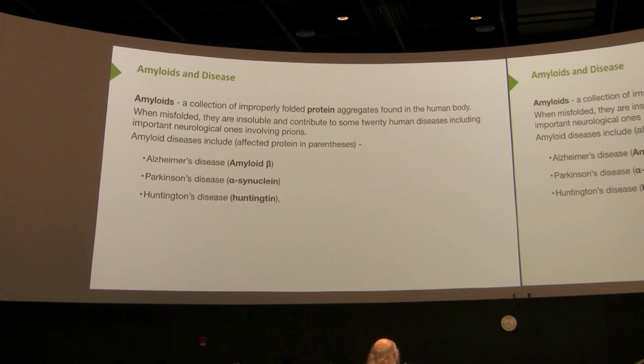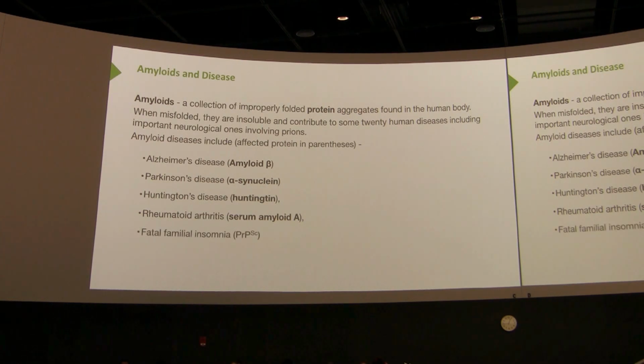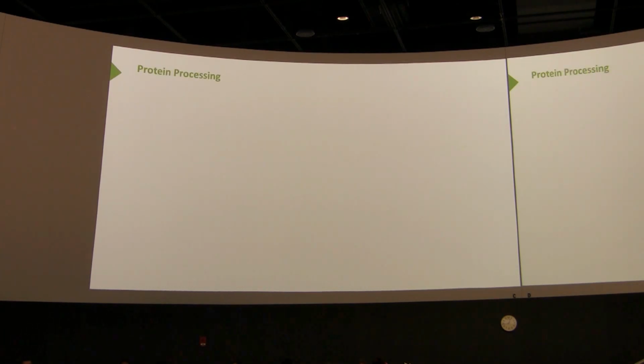And I've labeled in each case the problem protein involved in the amyloid structure. Rheumatoid arthritis, fatal familial insomnia. And to be honest, I don't know that one very well. Okay? I have insomnia, but I don't think it's that. I shouldn't joke. Okay. Protein processing. Folding's important. Cells, therefore, have something to ensure they don't have problems with folding. They have a couple proteins called chaperonins.